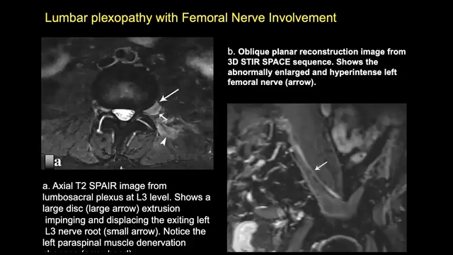And as a final note, to make a plug for doing our fluid-sensitive sequences, such as a STIR, and ideally, if you have a 3D sequence available, you can generate almost neurography-type images. So we can see in this person who presented with a lumbar plexopathy and femoral nerve involvement, they have a disc herniation here shown in figure A with the arrows pointing to it.